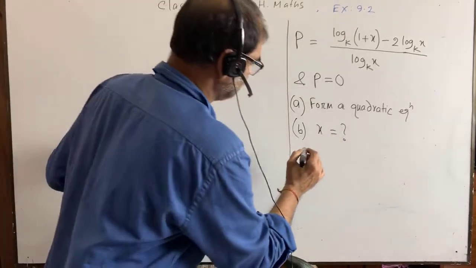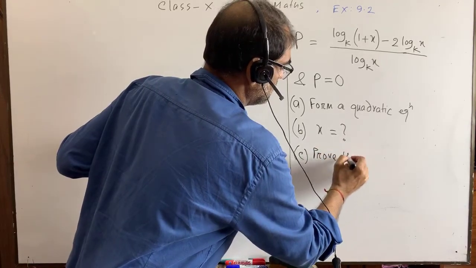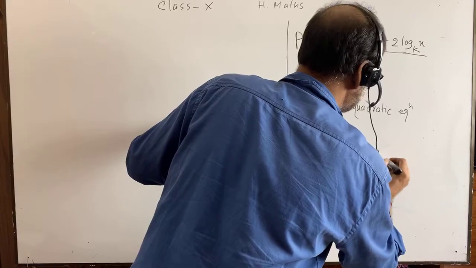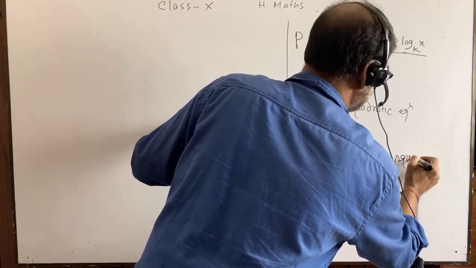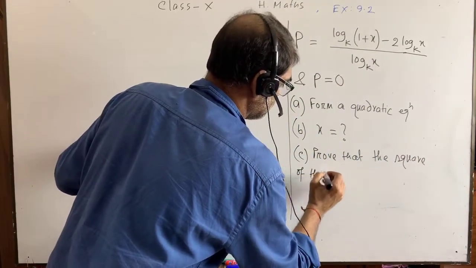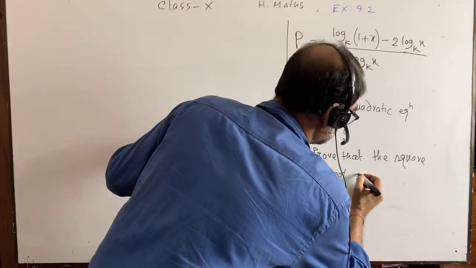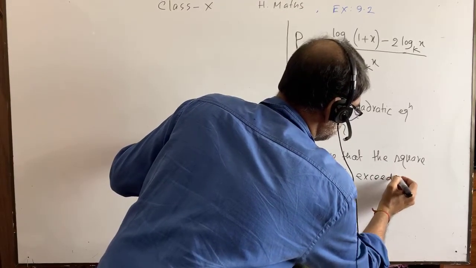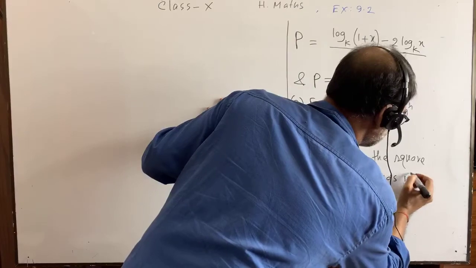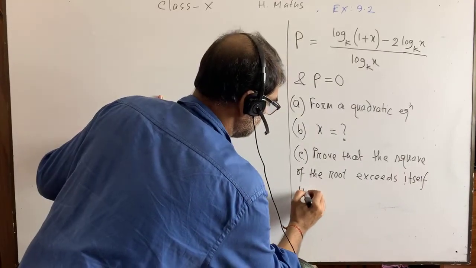Question number C. Prove that the square of the root exceeds itself by 1.